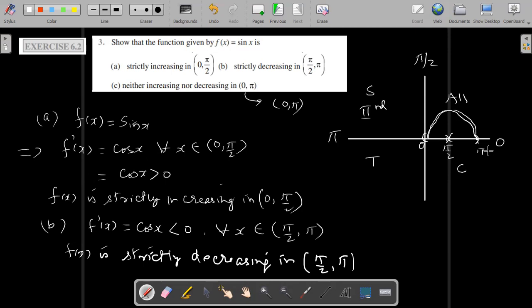So that's why it is called neither increasing nor decreasing. So how will we write?